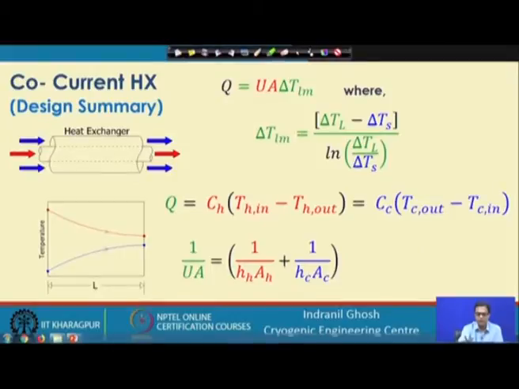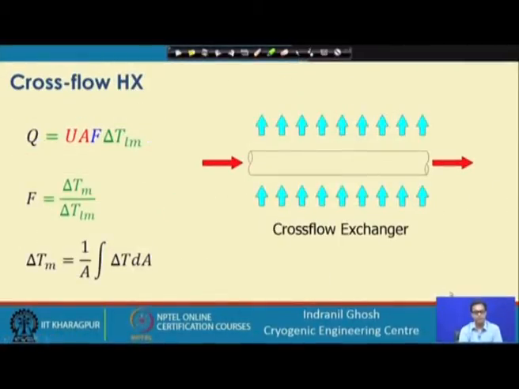Now, if we go to the next slide and find that there is a cross flow heat exchanger, do we think we can still use this correlation? We can use the relation Q equals U A delta T L M, but with a small correction factor, because in this situation the delta T m, or the log mean temperature, is not the same.